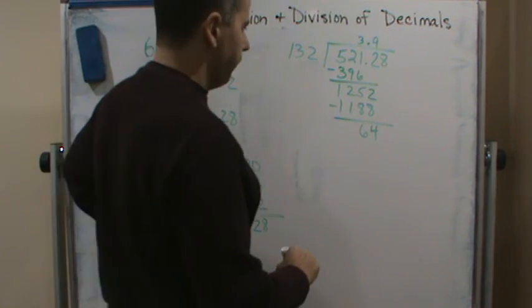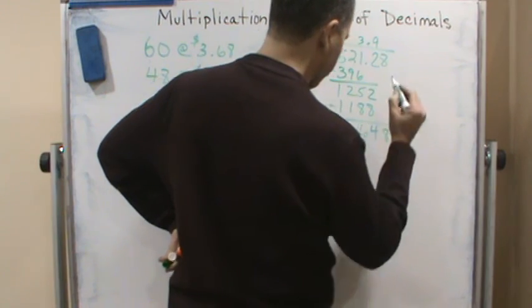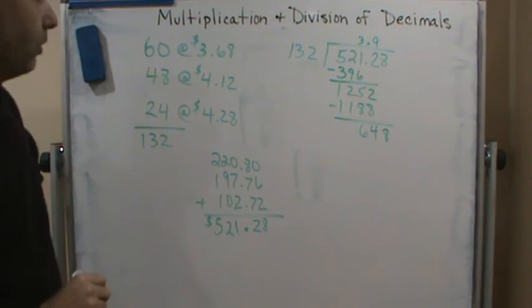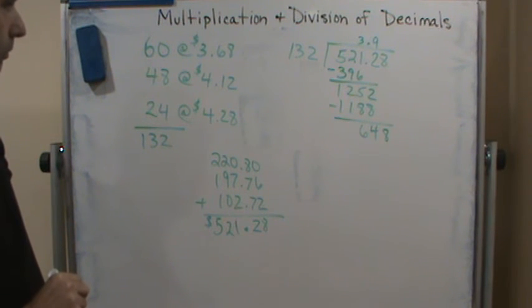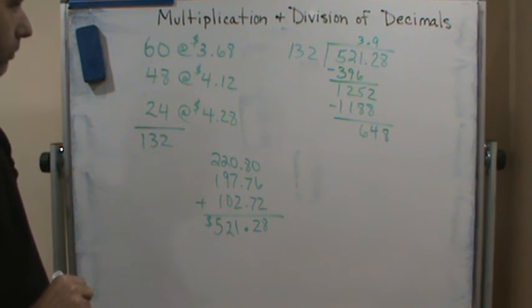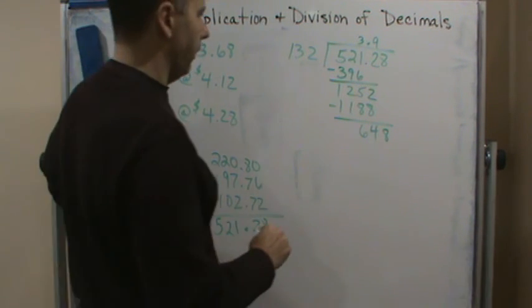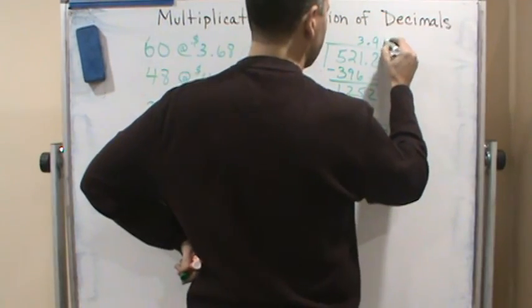And so now I'm going to drop down the 8. And how many times does 132 go into 648? Let's see. I'm going to say 5.